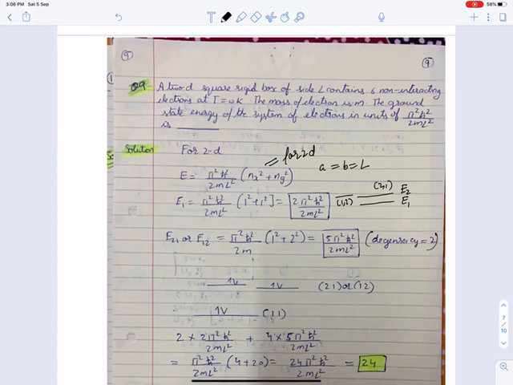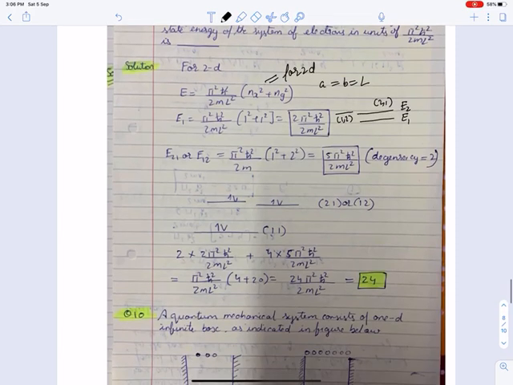This will have the same energy. I have shown here also: 2 into 5 pi square h cut square upon 2 m L square, and again we will add 4 into 5 pi square h cut square upon 2 m L square.